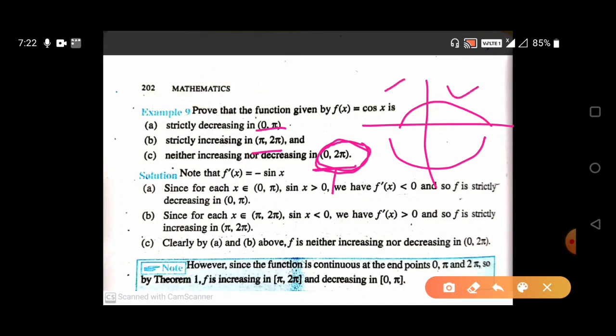Here in these two quadrants f(x) is strictly decreasing, and in the third and fourth quadrant f(x) is strictly increasing. So in this interval 0 to 2π, for some part f(x) is decreasing and for some part f(x) is increasing. So as a whole we can say f(x) is neither increasing nor decreasing in the interval 0 to 2π.